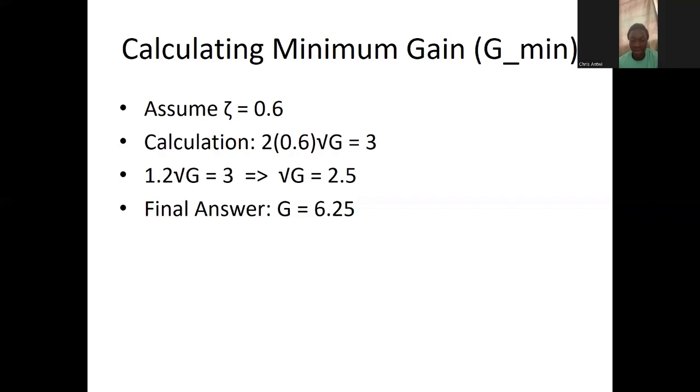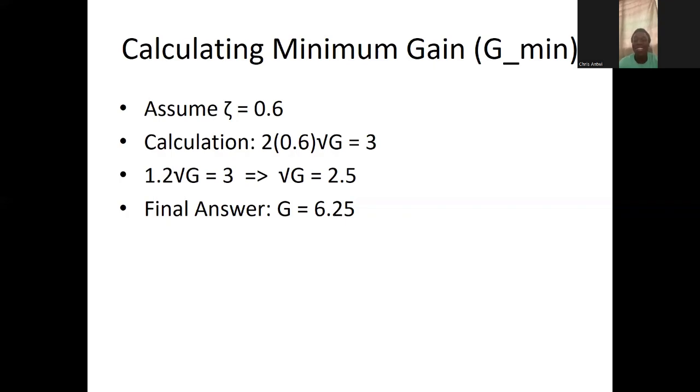That's the assumed damping ratio. So making G the subject, G will be equal to 6.25, meaning that G, the minimum gain, should be less than 6.25, which gives us what we want.